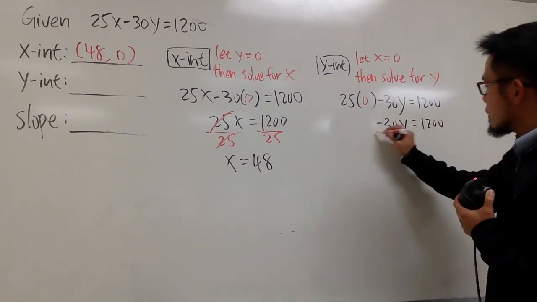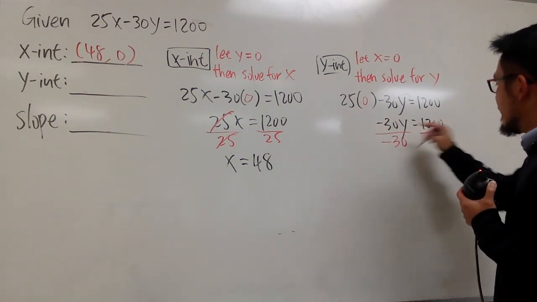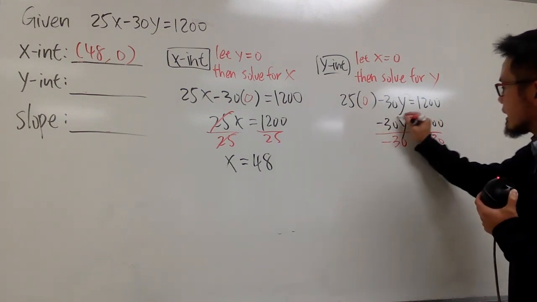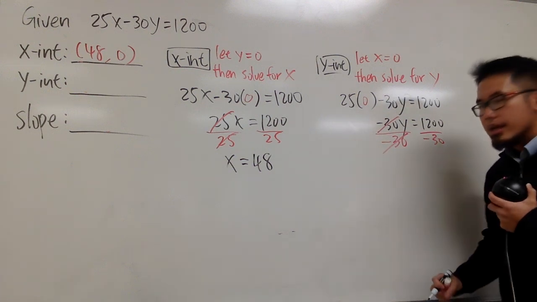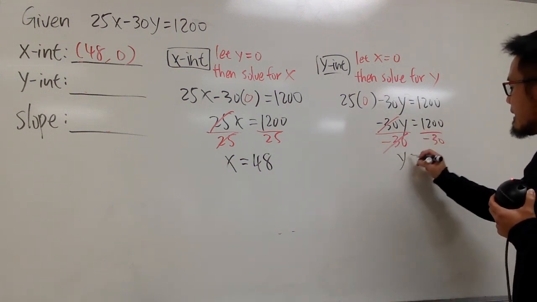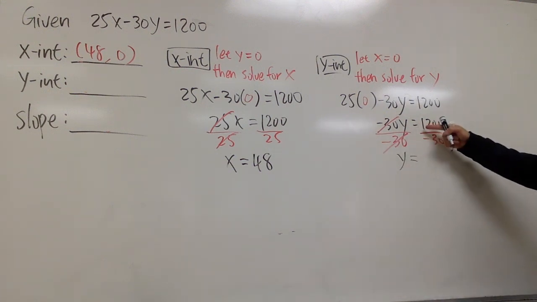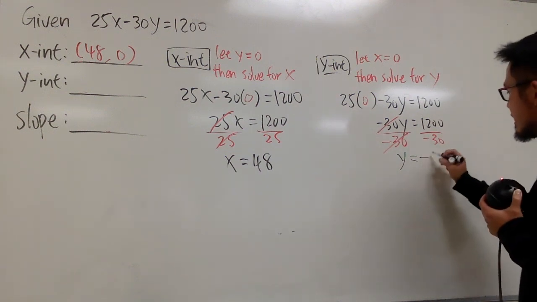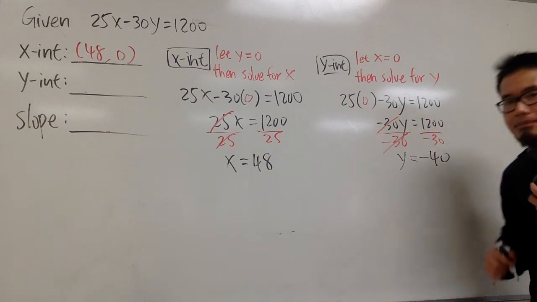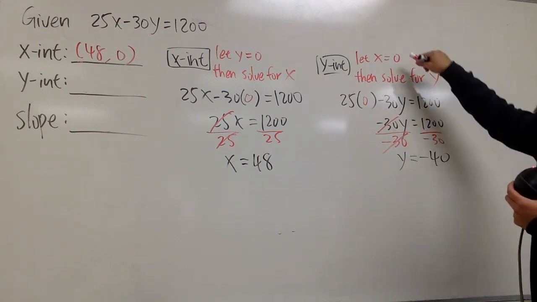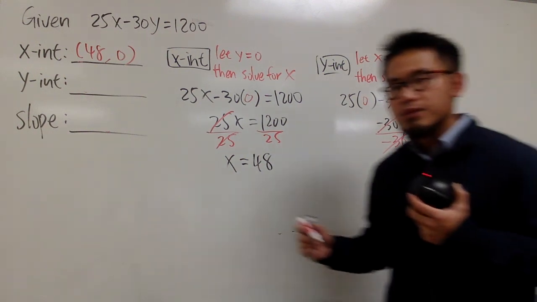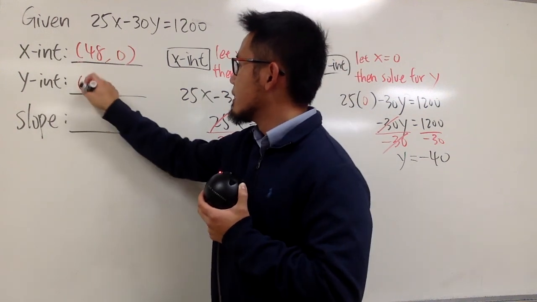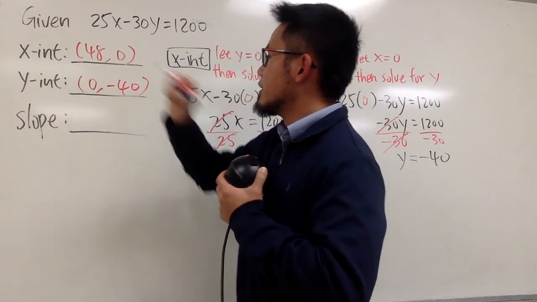And now we can go ahead, divide both sides by negative 30, so that this and that will be cancelled. And in the end, we see that y is equal to positive 1200 divided by negative 30. We get negative 40, okay? So in this case, x is 0 and y is negative 40. So I'll put this down for the y-intercept, 0, negative 40.